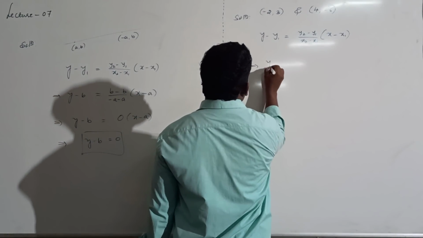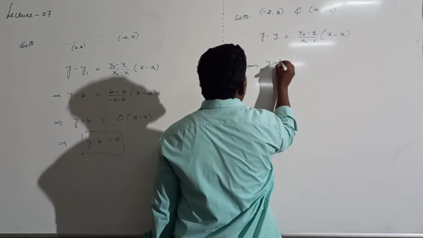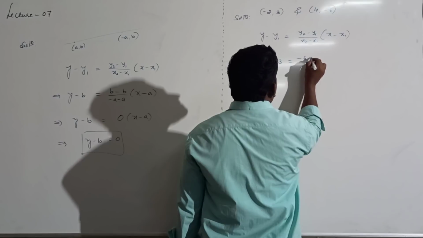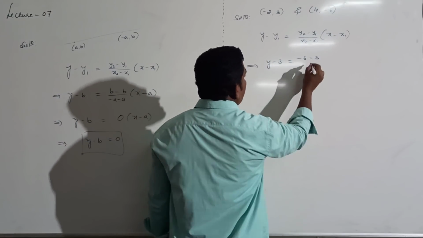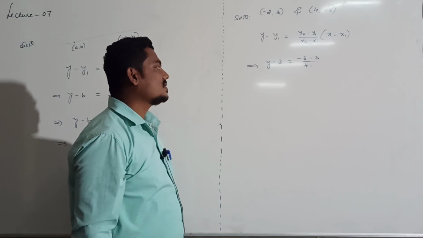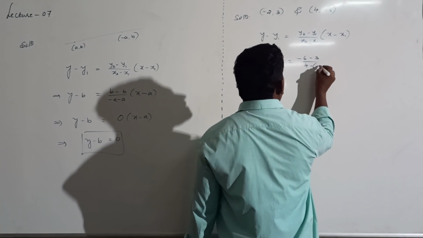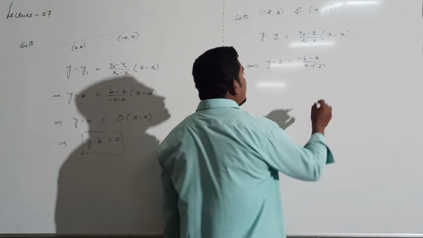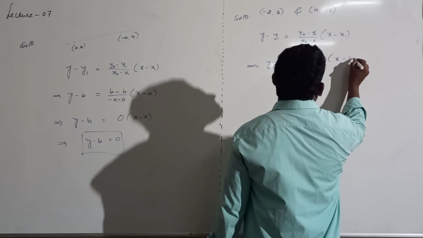After that, y minus y1, that is 3, is equal to y2 minus y1, that is minus 6 minus 3, divided by 4 minus of minus 2, so it will be plus only, into x minus of minus 2.